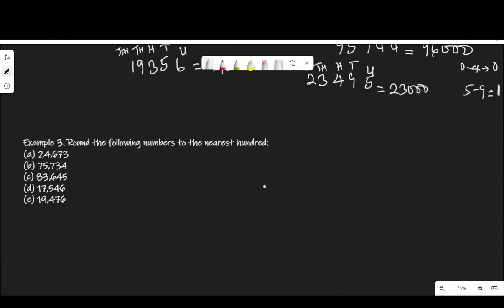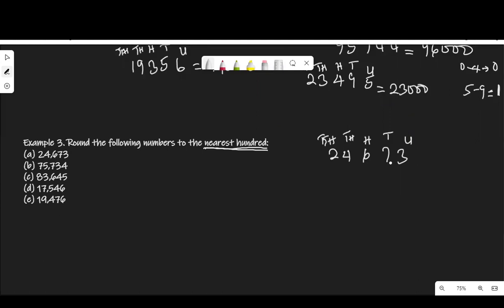Example 3, we have to round the numbers to the nearest 100. As usual, we're going to indicate each of the number in terms of their place value. 24,673: this is unit, this is tens, this is 100, this is 1,000, and this is 10,000. So we are rounding to the nearest 100. We look for the digit that is in 100 position, which is 6.